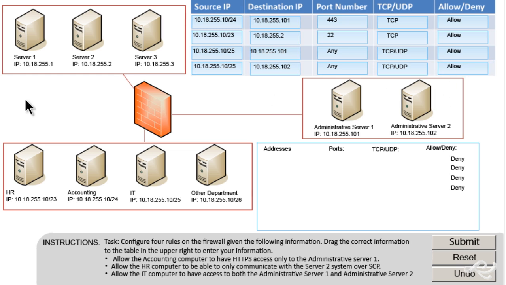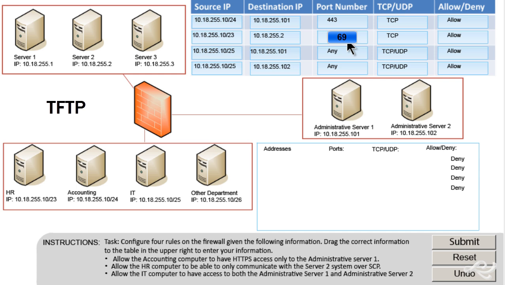This is just an example. This is just a simulation, but you could be called upon to make different connections between different computers with different ports. For example, let's say the HR are only allowed access to server 2 with TFTP. Well, instead of port 22, that would be port 69.